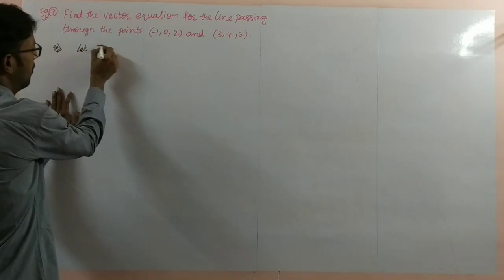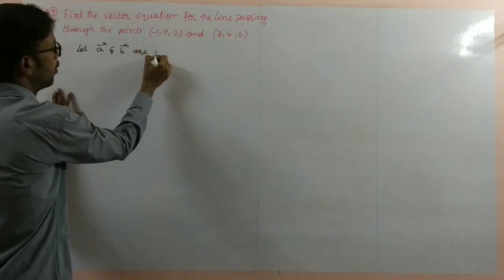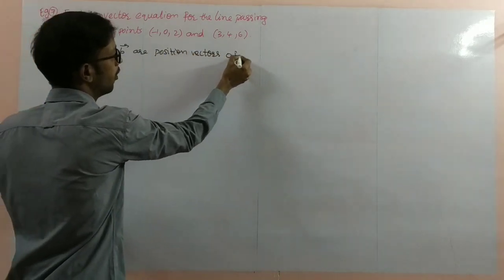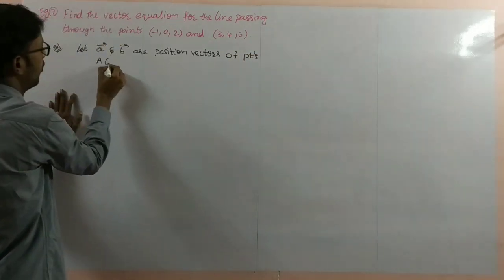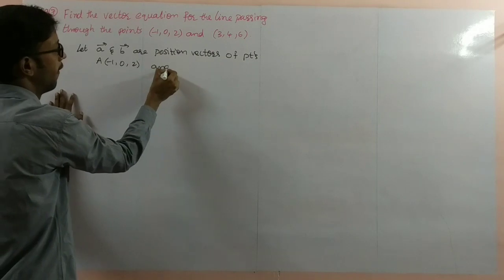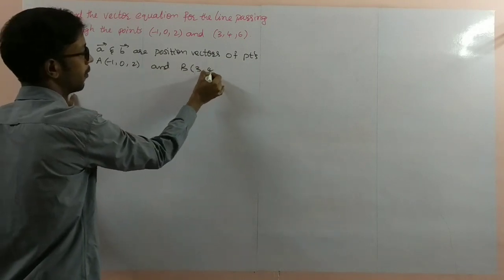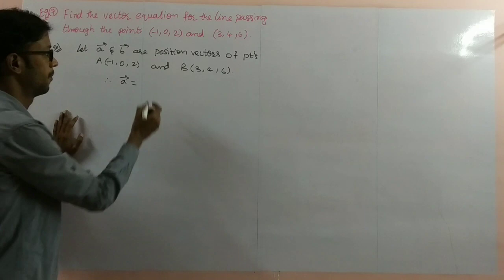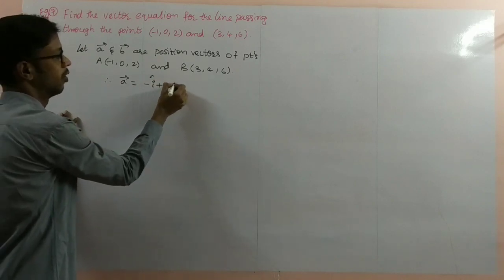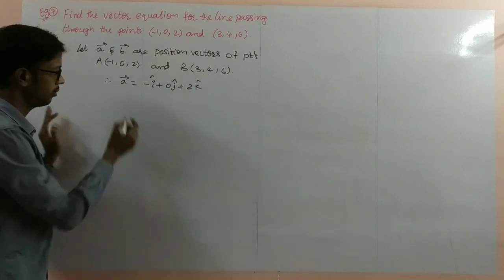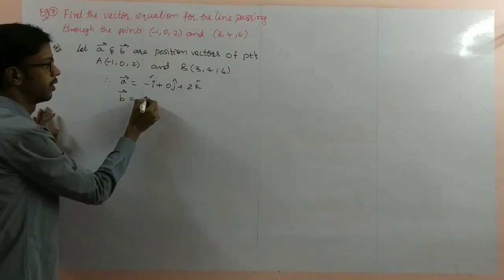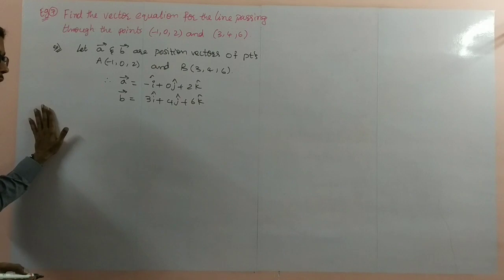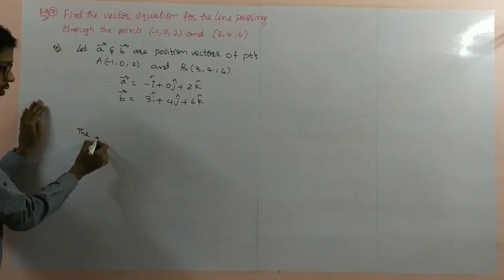Let A bar and B bar be the position vectors of points A and B, first point taken as A and second point as B. Therefore, A bar equal to minus i cap plus 0 j cap plus 2 k cap, B bar equal to 3 i cap, 4 j cap, 6 k cap.